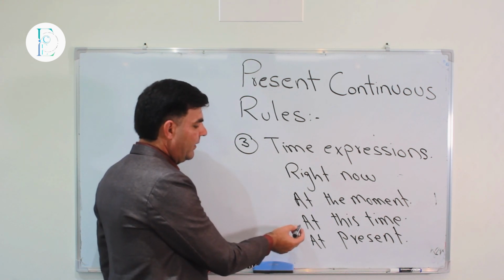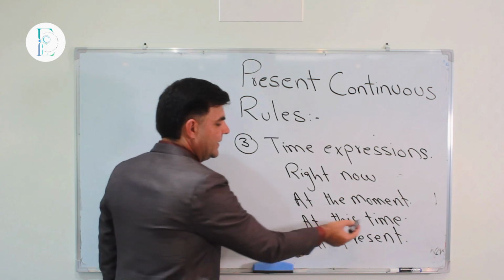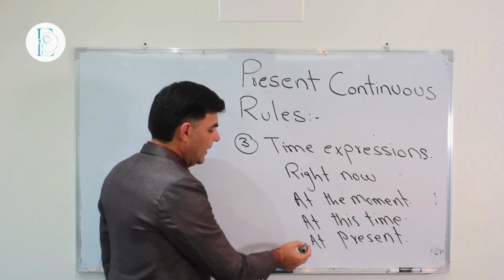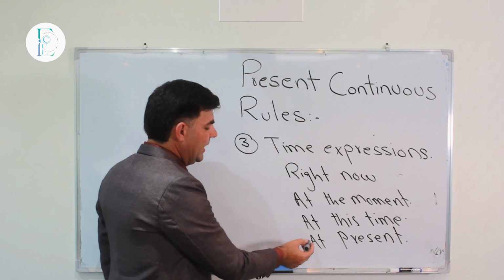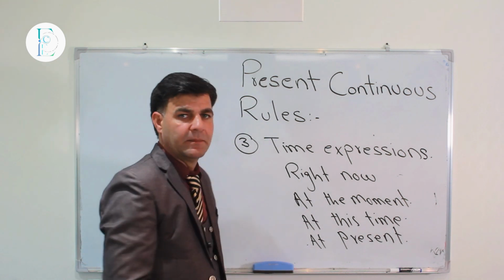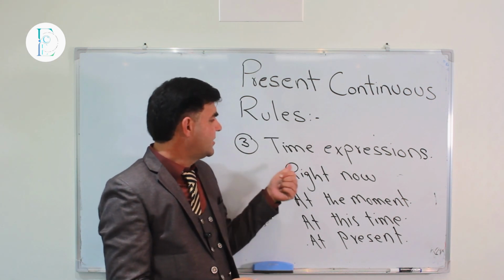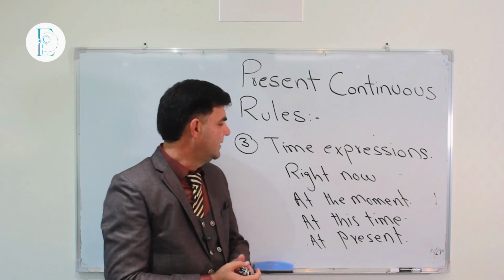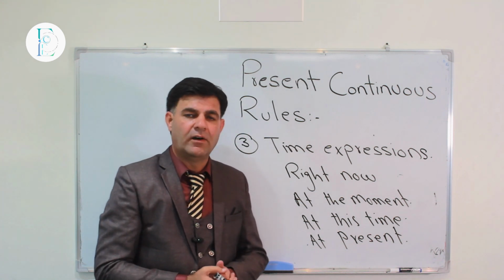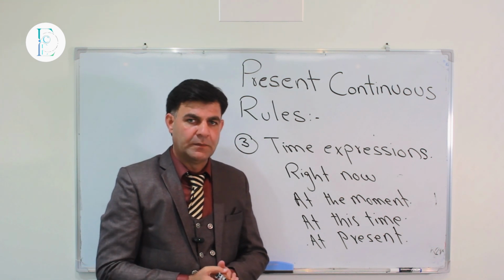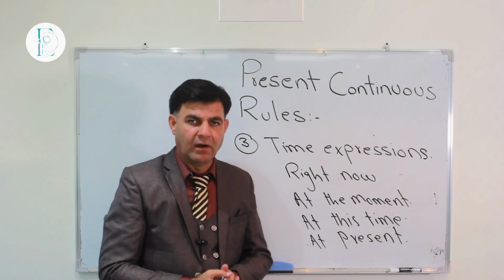They are playing football at this time. I am doing my homework at present. So these time expressions can be found at the end of the sentence. And I gave you some examples already.